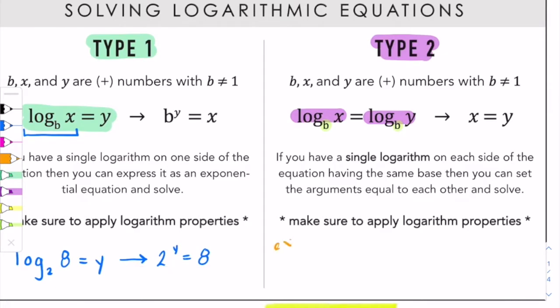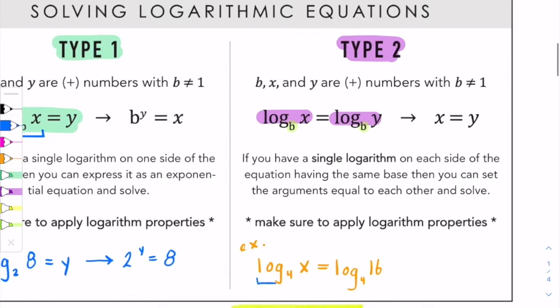But an example could be log base 4 of x is equal to log base 4 of 16. Because the log and the base are the same on each side of the equal sign, we can go ahead and say that the arguments are equal, or x is equal to 16.